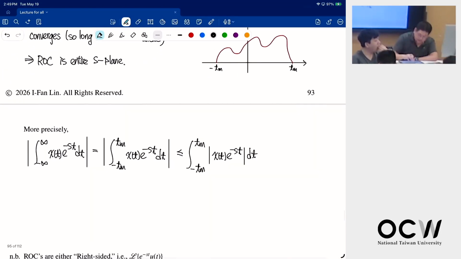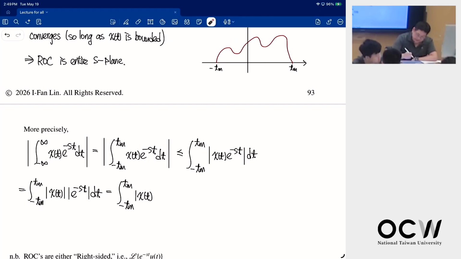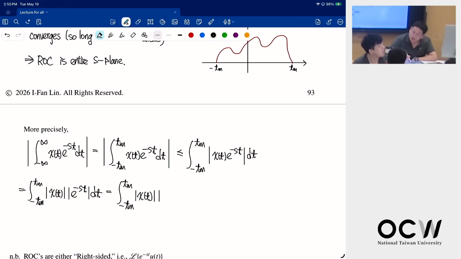This means I have the absolute value of x, this signal, and also the absolute value of e to the minus st. What is the absolute value of e to the minus st?